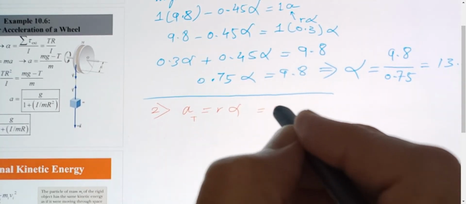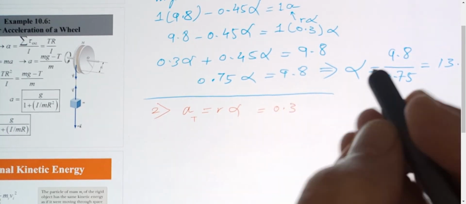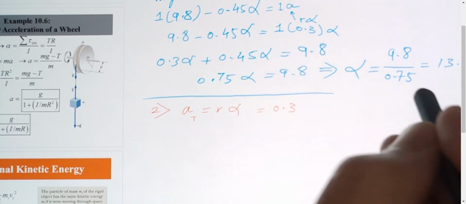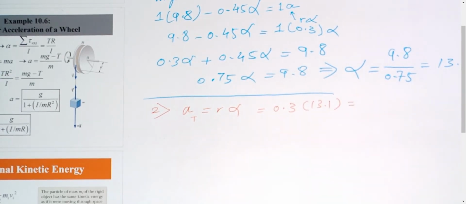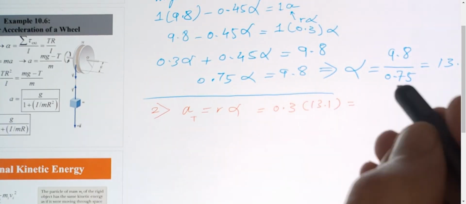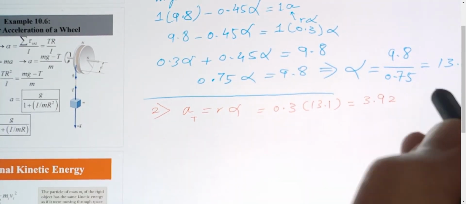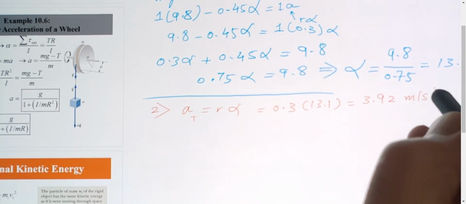R is 30 centimeter, multiplied by 13.1, and that will give me the value 3.92 meter per second square.